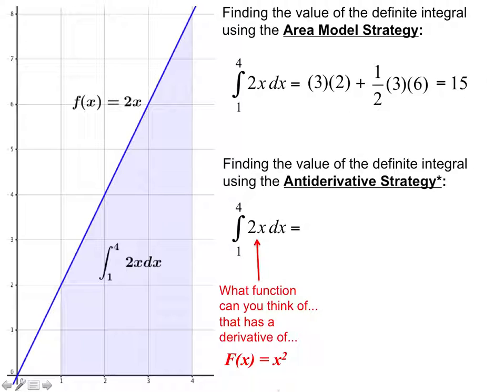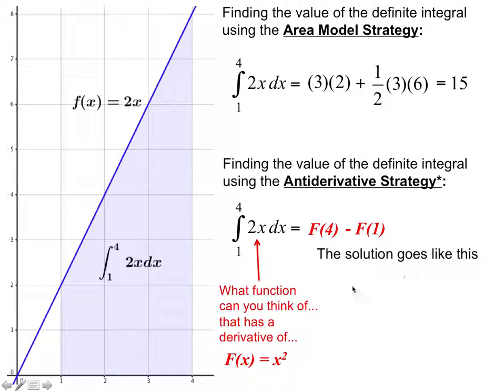With a 16 and a 1, we should be able to make a 15 by subtracting them. So if we take the big F, the antiderivative, evaluated at the right bound, or upper bound, the right side of the shape, and we subtract the antiderivative evaluated at the left end of the shape, or the lower bound, then we end up with 15, which is the actual value of the definite integral.